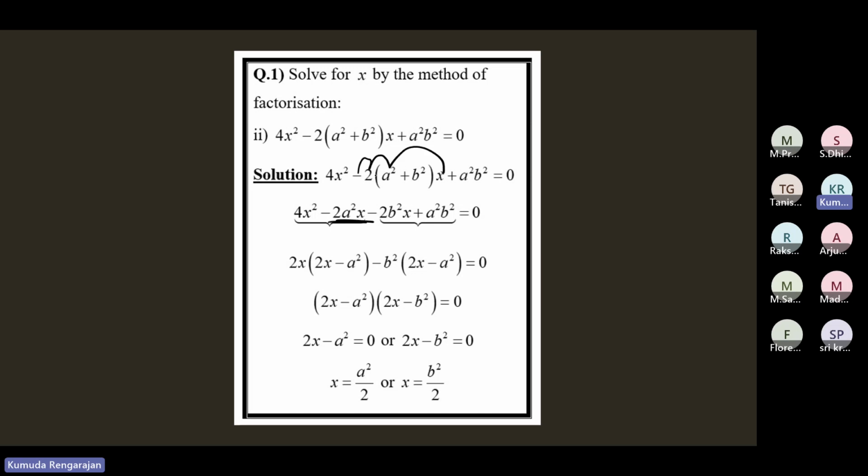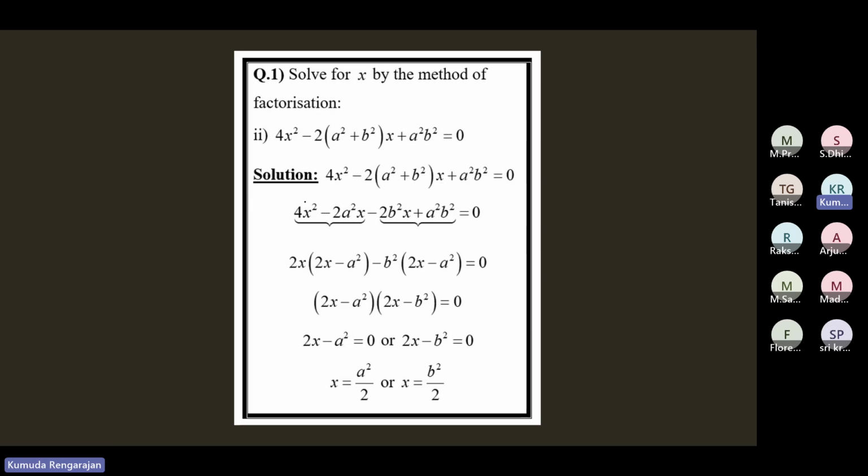Minus 2a square x. Then minus 2 into b square into x. You'll have to multiply this, this, and this. After that, you'll have to multiply minus 2, this plus b square and x. So minus 2b square x plus a square b square is equal to 0.